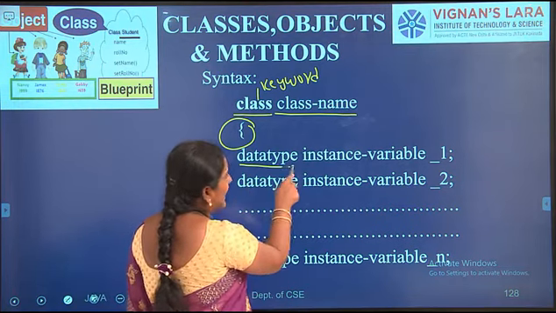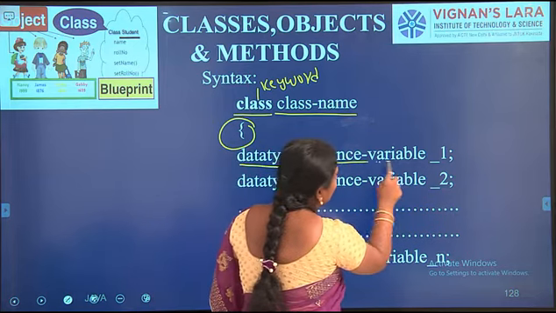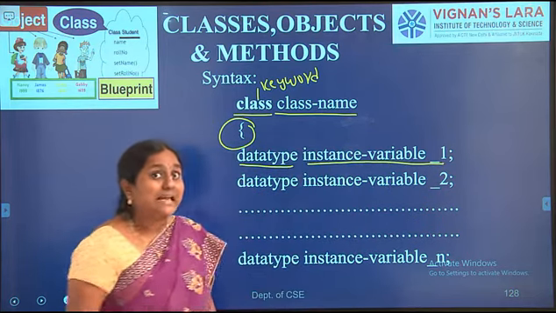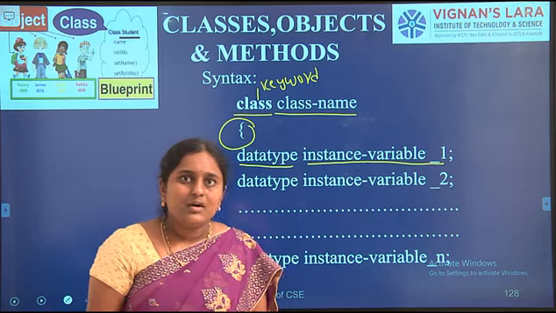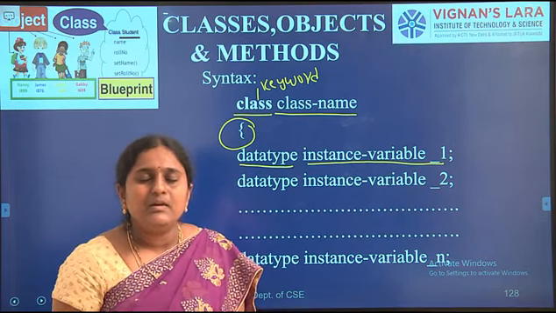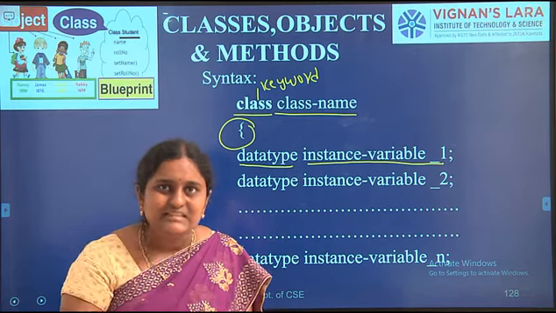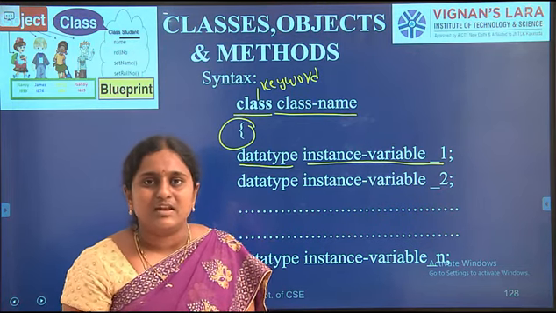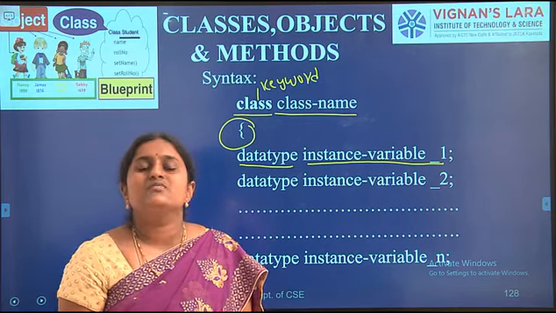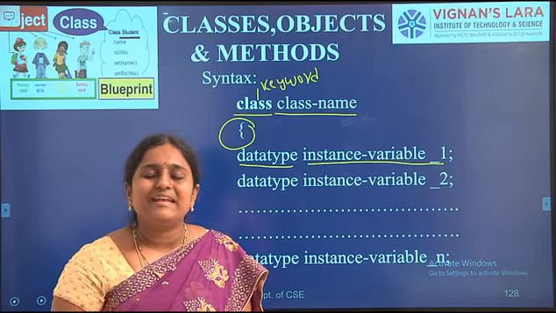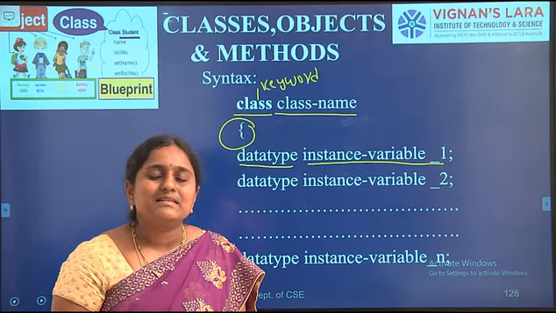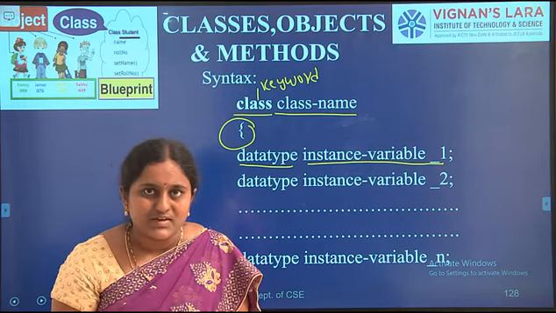Here, data type, instance variable 1. Why am I declaring an instance variable? What is an instance variable? Any variable defined within the class is called an instance variable. Those variables we declare within a class are called instance variables.